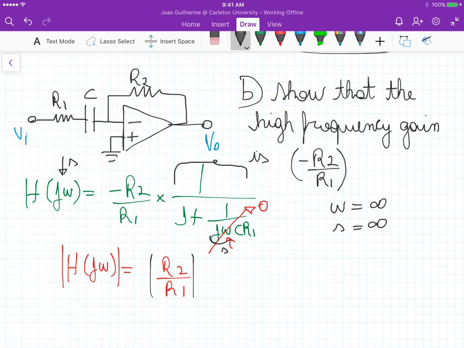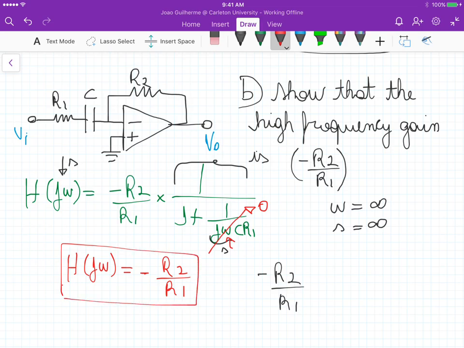But the high frequency gain is indeed minus R2 over R1. So let's not take the magnitude here, and let's keep the minus because that's the answer, right? So this is the gain that we have, minus R2 over R1. And that's the solution for this part B.